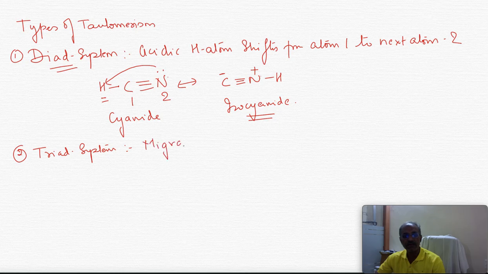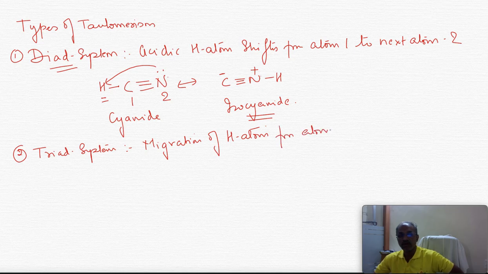Same thing. Hydrogen atom means acidic hydrogen atom from atom 1 to atom 3. Previously it was atom 1 to atom 2, now it is atom 1 to atom 3.